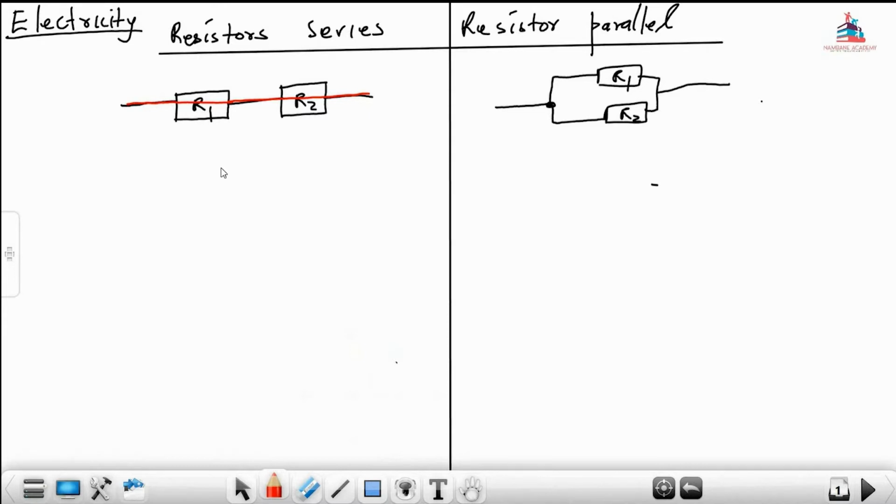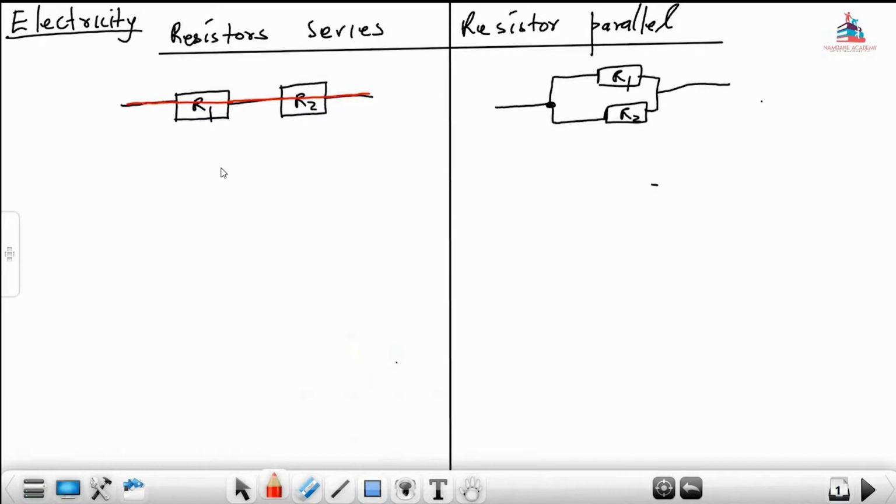So one can easily say I total, which is I for the current, is actually I total equals I1, which equals I2.